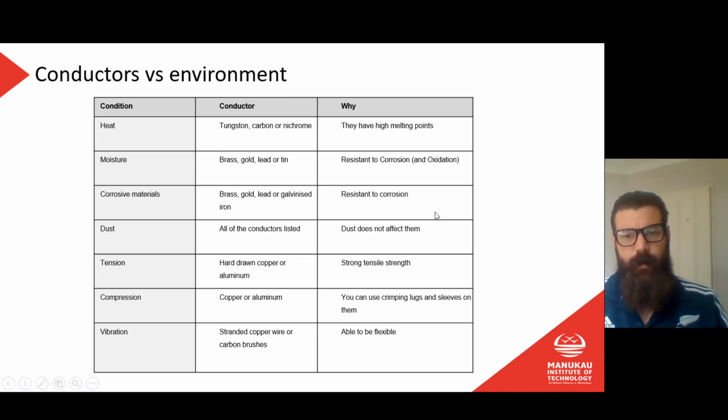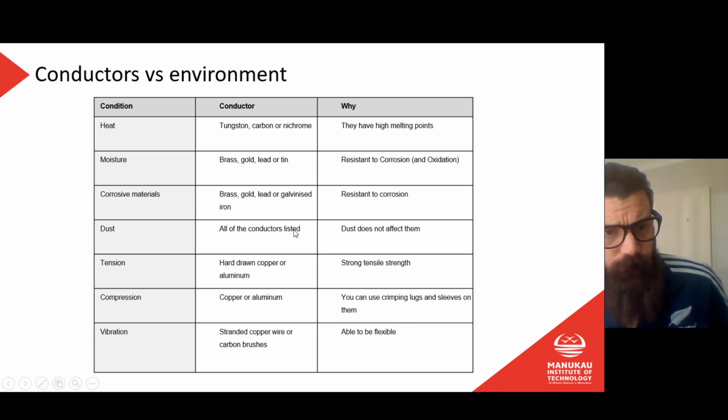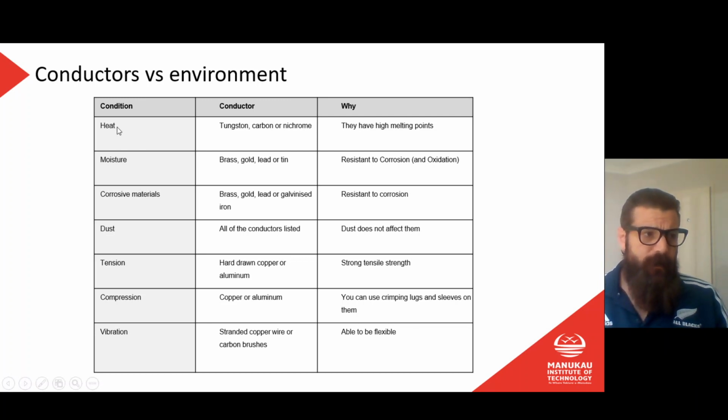So we have a little table here that gives us some information about the kinds of conditions or the environmental factors that we would consider when we use specific types of conductors. So if heat is a problem, then we're going to use tungsten, carbon, or nichrome because they have very high melting points.